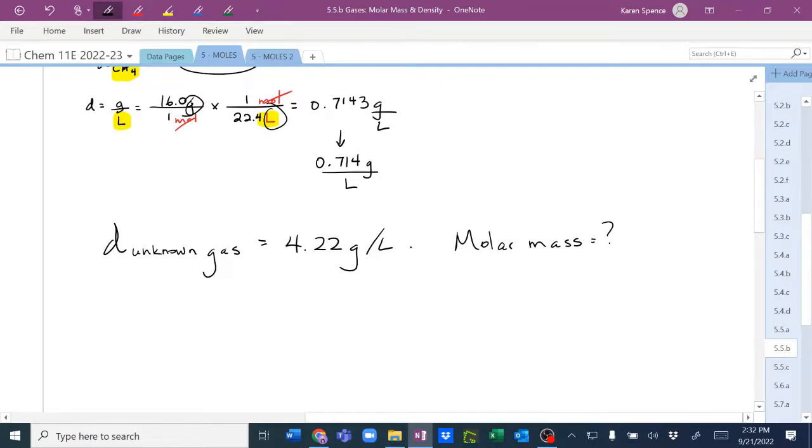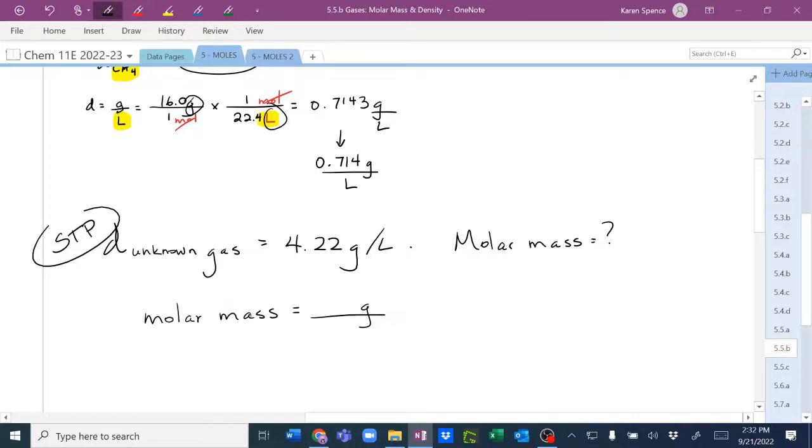Well, the nice thing is that we are told this is at STP, which means we can use 22.4. We want to find molar mass. What is the unit of molar mass?